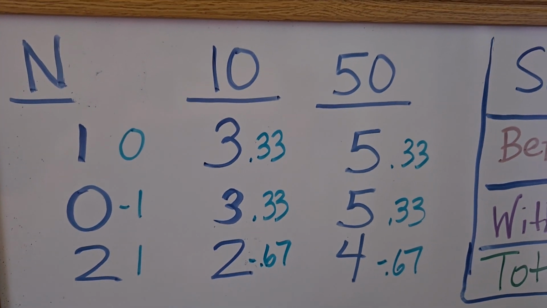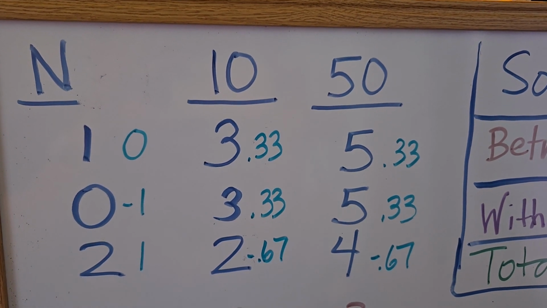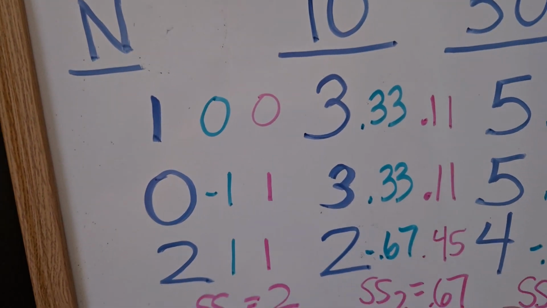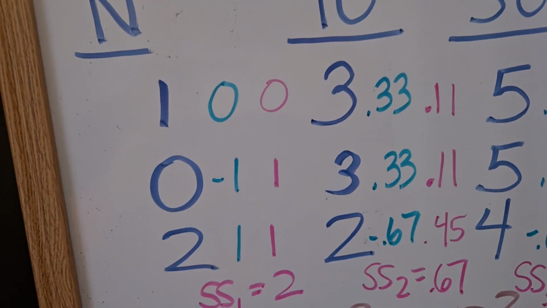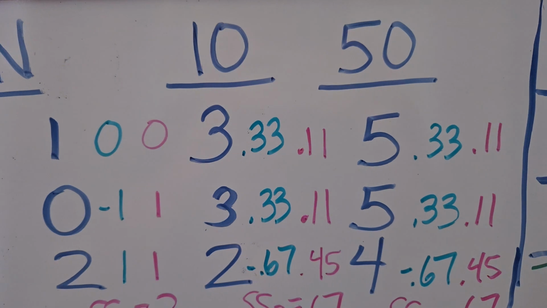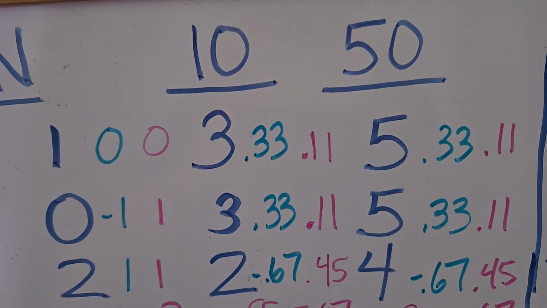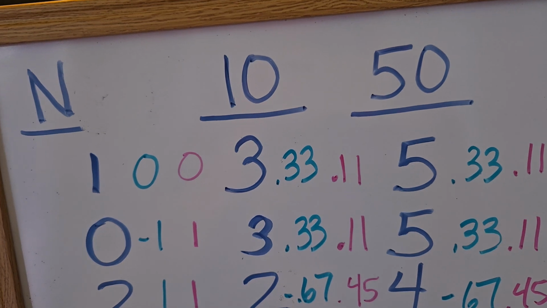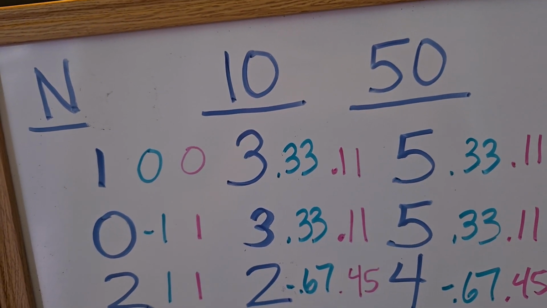The next step is to square each of these deviation scores, and then we're going to add them up. To show you, in pink is where I squared each number. So each of these pink numbers here is that deviation score squared. Like 0.33, you square it, it comes out to like 0.1089 or something like that.